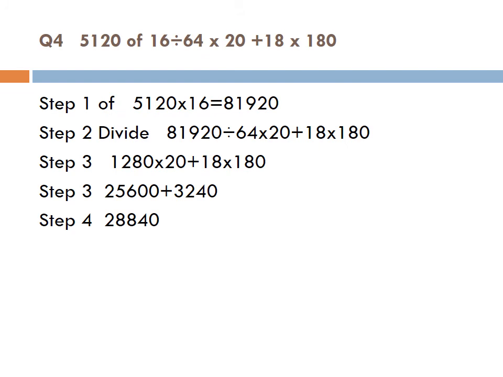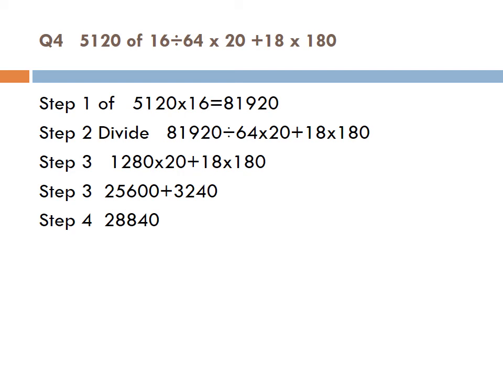Question number 4. 5120 of 16 divided by 64 multiplied by 20 plus 18 multiplied by 180. First of all, solve of multiplication. Multiply 5120 with 16. You will get the answer 81920. Divided by 64 multiply by 20 plus 18 into 180.